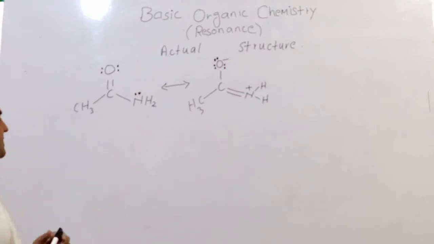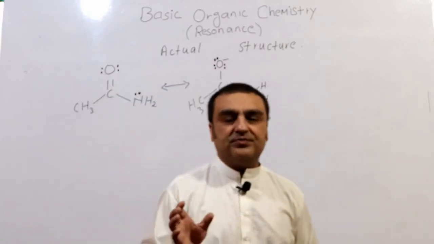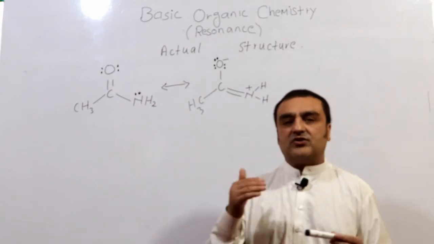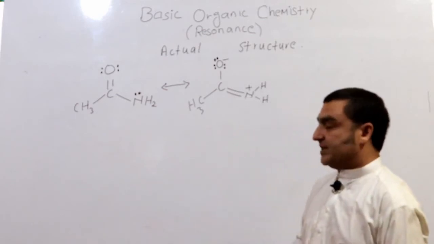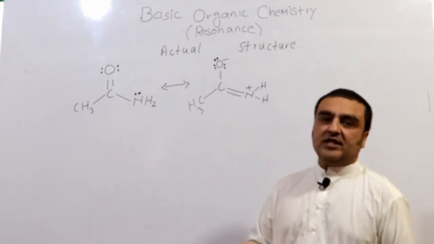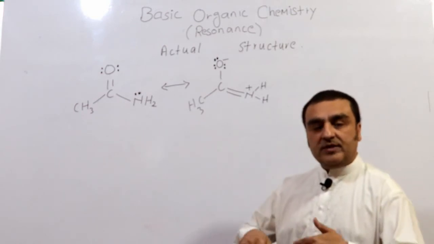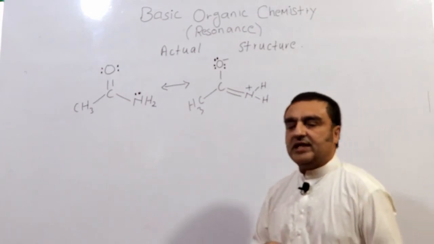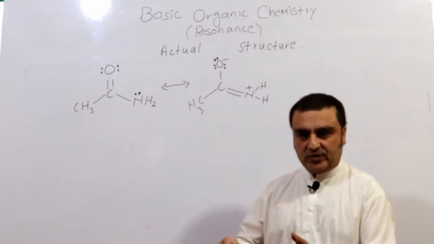As in all previous lectures, I was telling you that those structures for which more than one resonance form is possible, we cannot draw a single Lewis structure, or in other words, the actual structure cannot be drawn. The actual structure can only be guessed by resonance, and right now I think that the majority of you may have understood the rules of resonance.